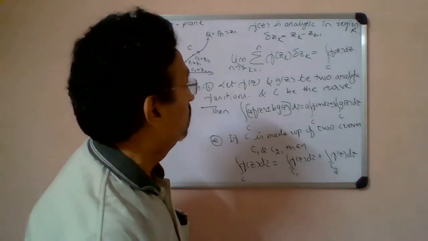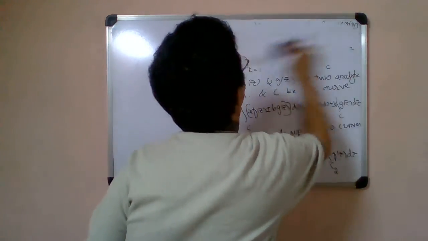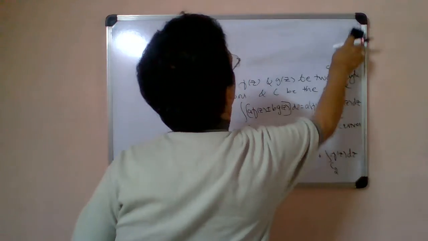Then the third property. I am going to define the negative of a curve.